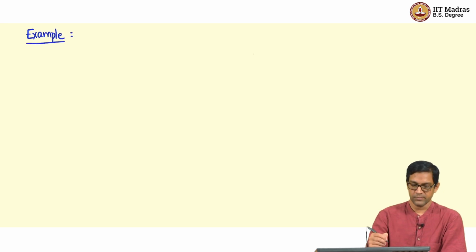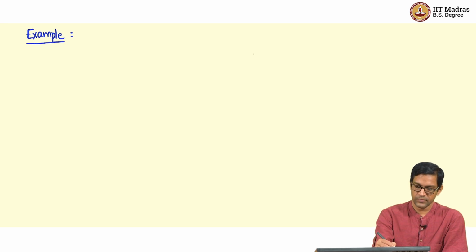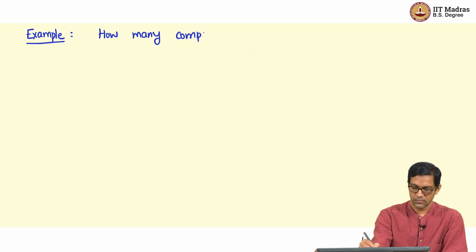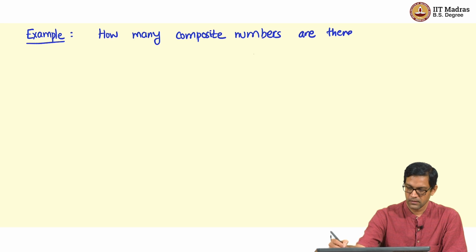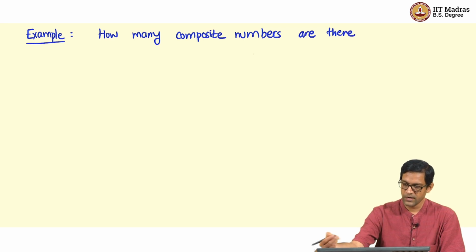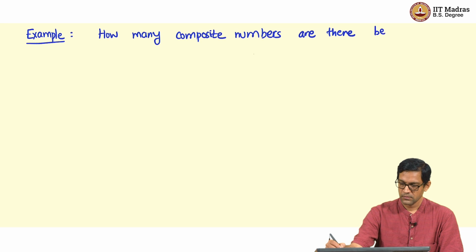So what I am going to do is to use this to count prime numbers. Okay. So here is the problem, how many composite numbers, so recall composite just means it is not prime and not 1 also, are there between 1 and 120, including both.